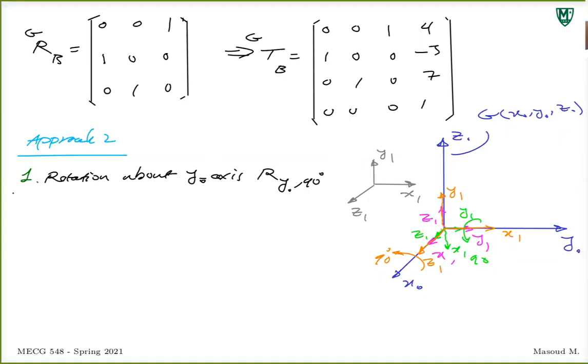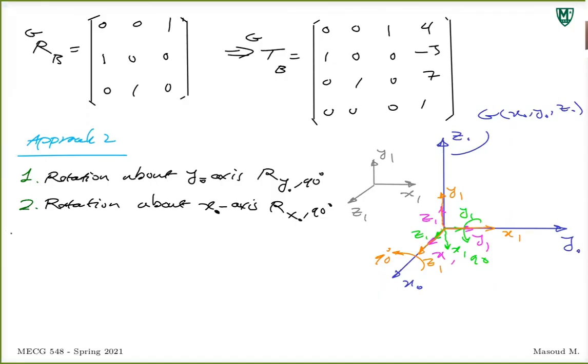We do another rotation, about x naught axis, so R x naught 90 degrees. Now the orange is the correct orientation. x1, y1, z1 in orange is in the same orientation as x1, y1, z1 in gray. So we got the orientation right using these two rotations.